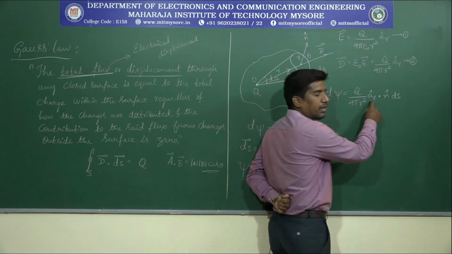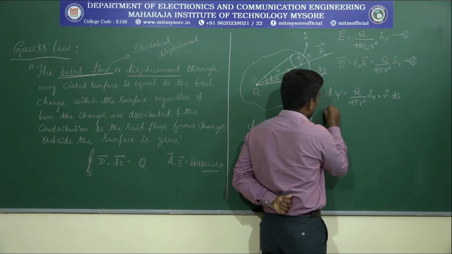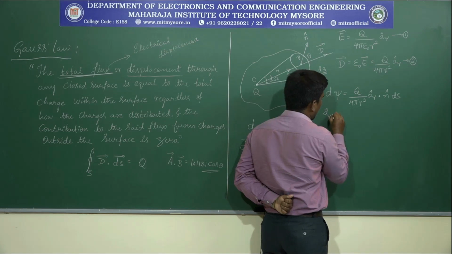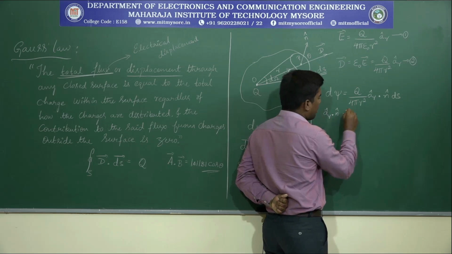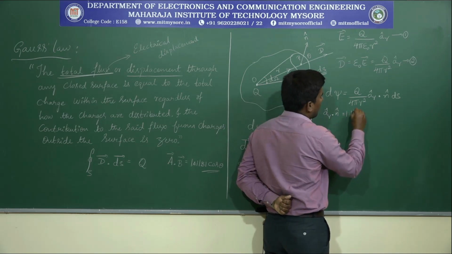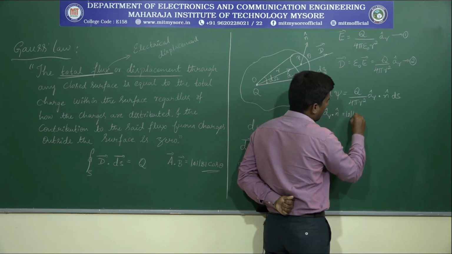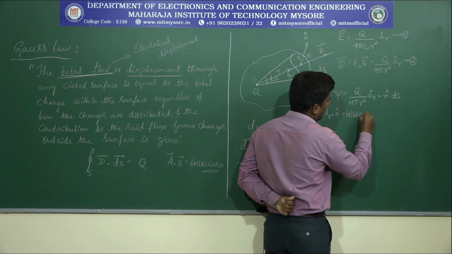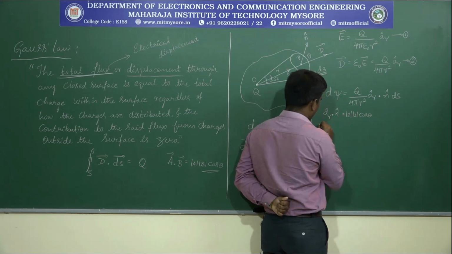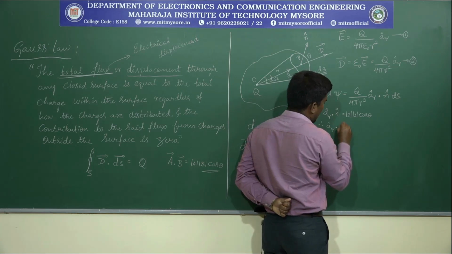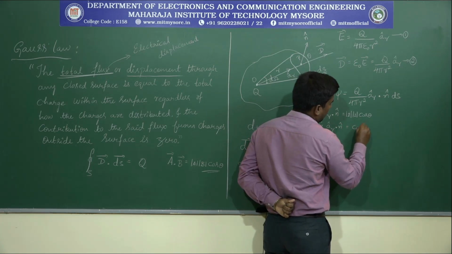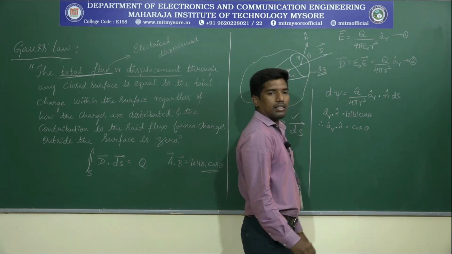What is the magnitude of A cap R? Now we need to calculate the dot product of A cap R dot N cap. What is the magnitude of A cap R? 1. What is the magnitude of n cap? It is also 1, into cos theta. Therefore, A cap R dot n cap is equivalent to cos theta.